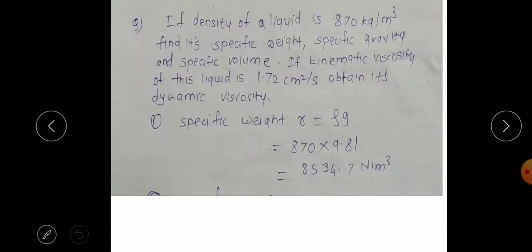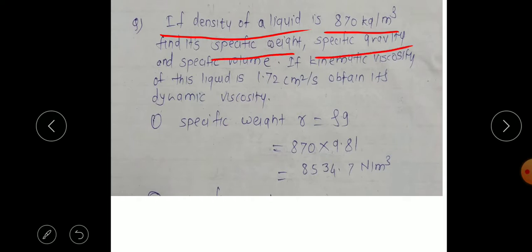I read the numerical: if the density of a liquid is 870 kg per meter cube, find its specific weight, specific gravity and specific volume. If the kinematic viscosity of the liquid is 1.2 centimeter square per second, obtain its dynamic viscosity.